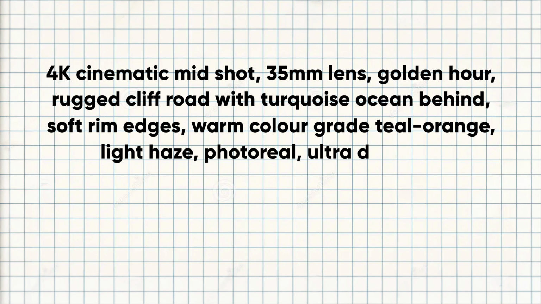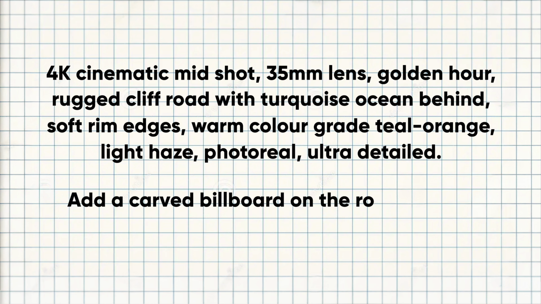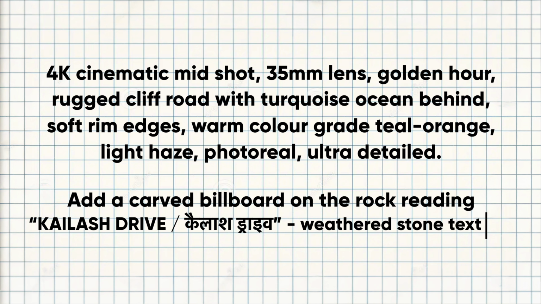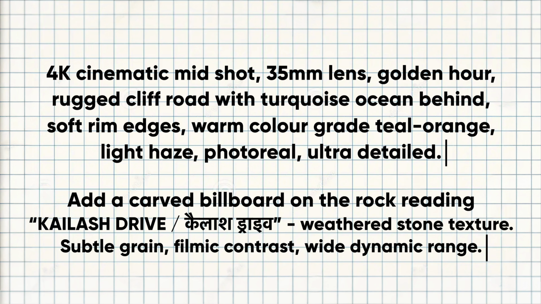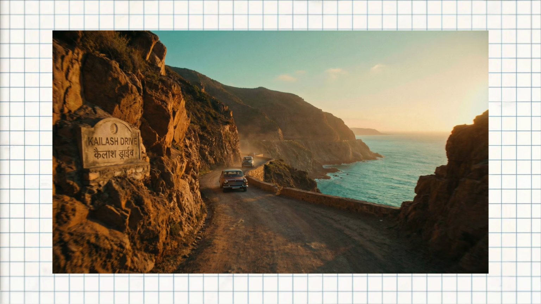And now, add a carved billboard on the rock reading Kailash Drive both in Hindi and English, weathered stone texture, subtle grain, filmic contrast, wide dynamic range. And look at this stunning result we've got with the text as accurate as you can expect in both languages.